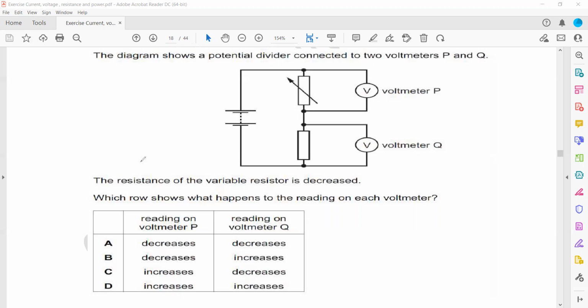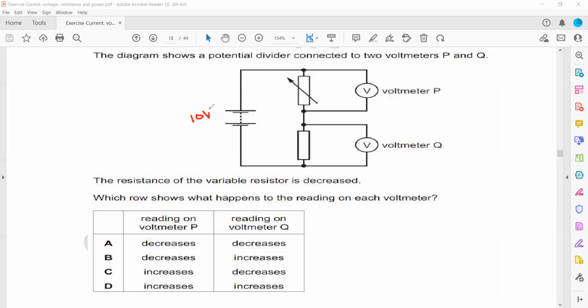Now in the question, the resistance of the variable resistor decreases. If the resistance here decreases, what will happen to the voltmeter reading? The voltmeter reading will decrease. Because they are connected in series, if the voltage of one component decreases, the voltage of the other should increase, because the total voltage in a potential divider circuit should be constant.